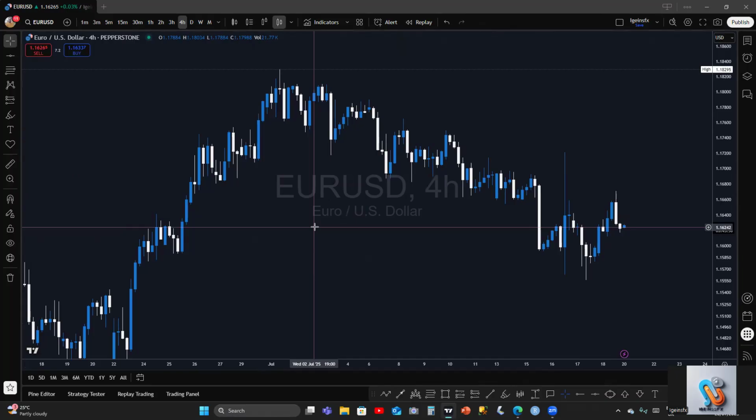There are some support and resistance, there are some POIs that you will see on the lower time frame. If you check the higher time frame, those things are not there, because on the higher time frame, you see that it's smooth. But when you look at the lower time frame, you see so many POIs.